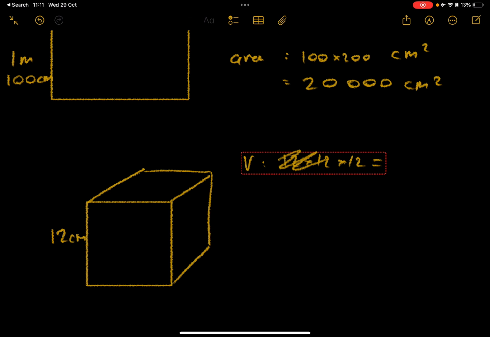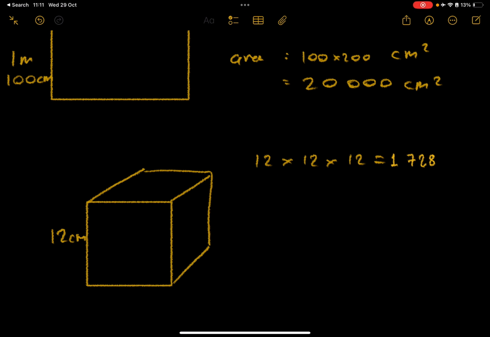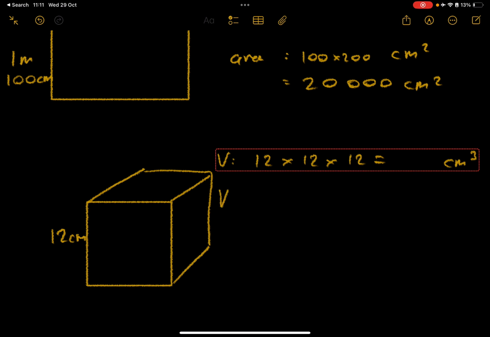This kind of question could be on a calculator or a non-calculator paper. 12 times 12 times 12 equals 1,728 cubic centimeters. But what if, for example, it's asking for the volume in cubic meters?